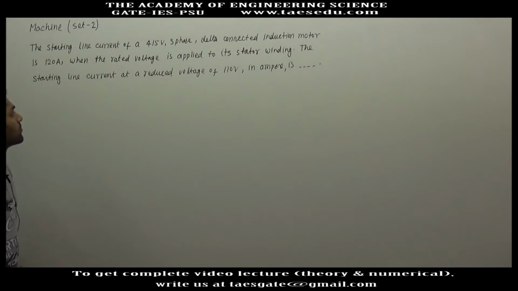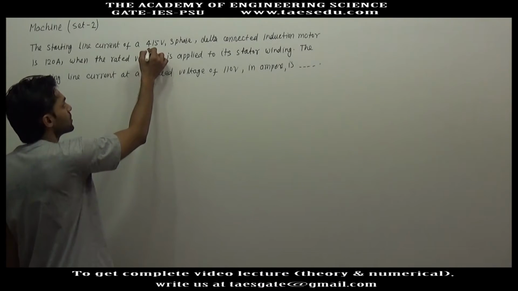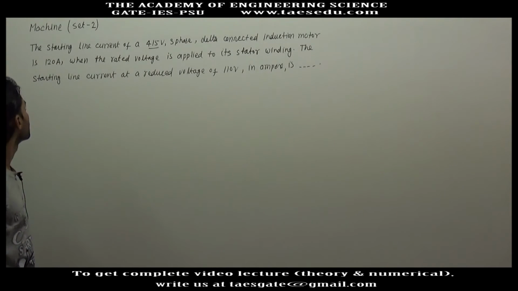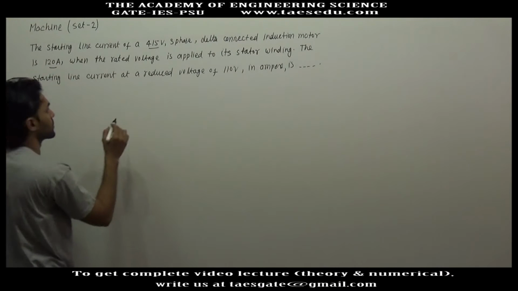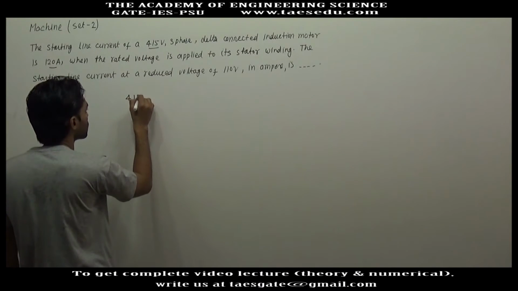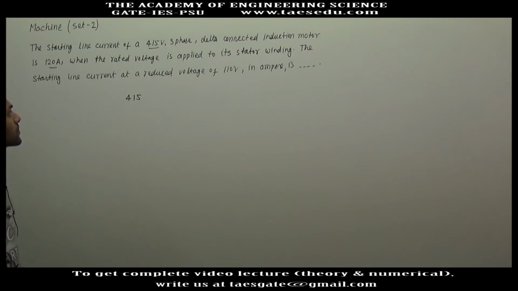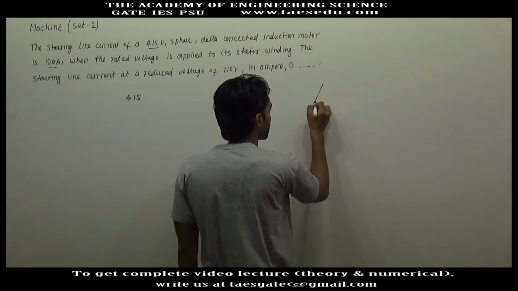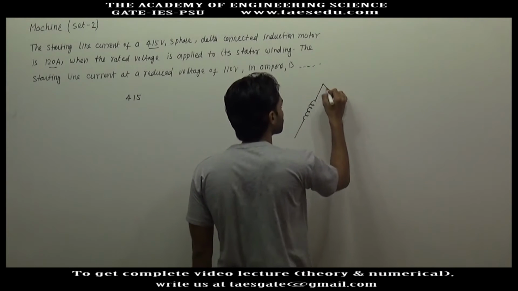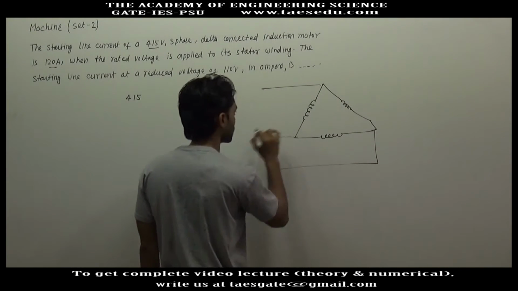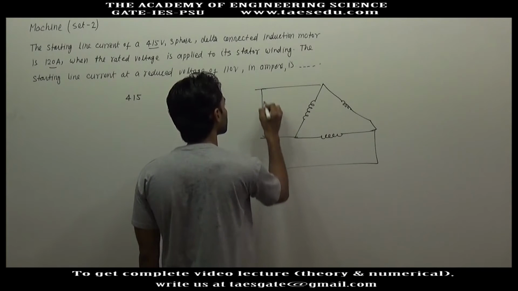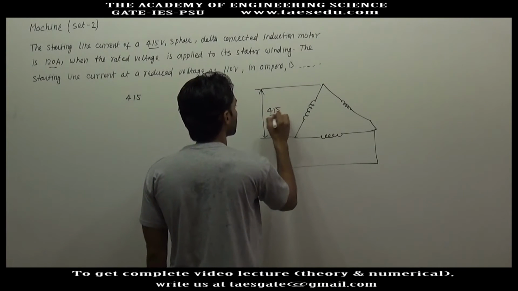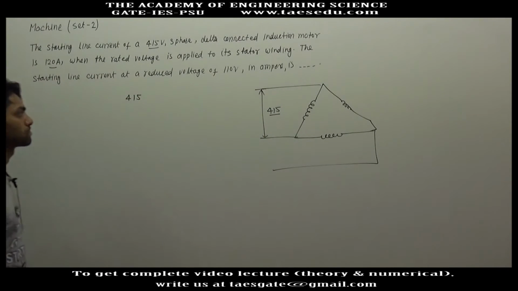For a delta connected induction motor, when rated voltage of 415 volt is applied, the line current is given as 120 ampere. When the rated voltage of 415 volt is applied to its stator winding, the stator windings are connected in delta fashion, and these are the line of supply. Here 415 volt is applied.